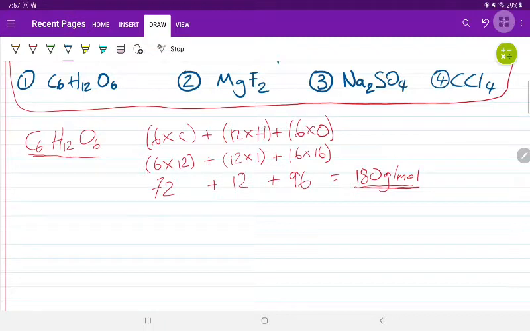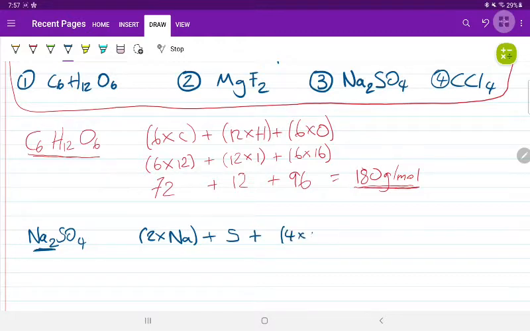Let me just do one more just to make sure I recap sufficiently. If we have here sodium sulfate, if we want to find the RMM of sodium sulfate, we're going to multiply the mass of sodium by 2 because there are 2 sodium atoms in the compound, plus the mass of sulfur, plus 4 times the mass of oxygen.